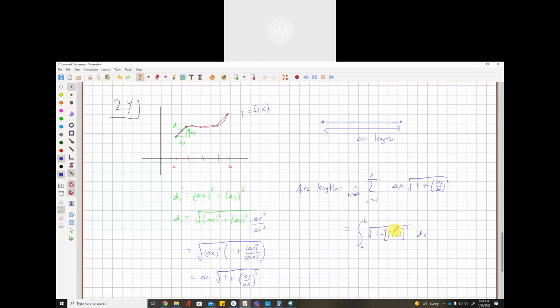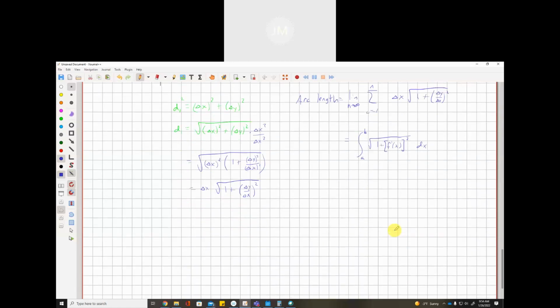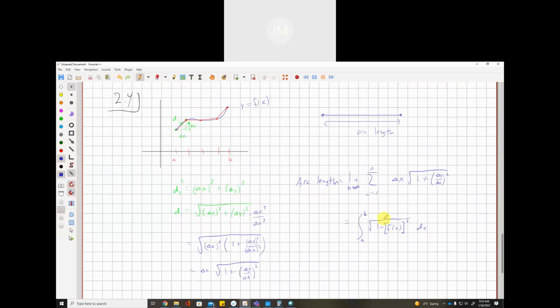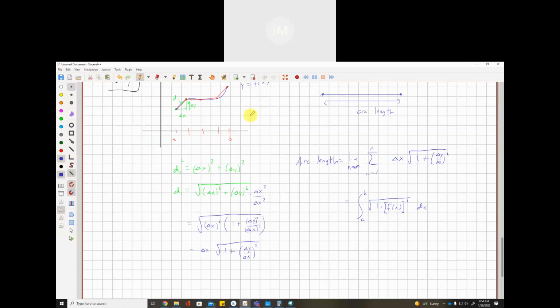Okay. All right, so again, we have this idea of building an integral that solves my problem by adding up pieces. We do the same thing with surface area.